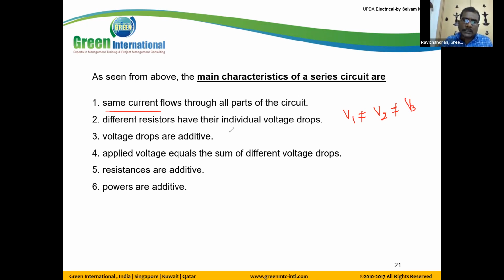So this is by using Kirchhoff's voltage law, where voltages are additive. That means by Kirchhoff's voltage law, we say V1 plus V2 plus V3.